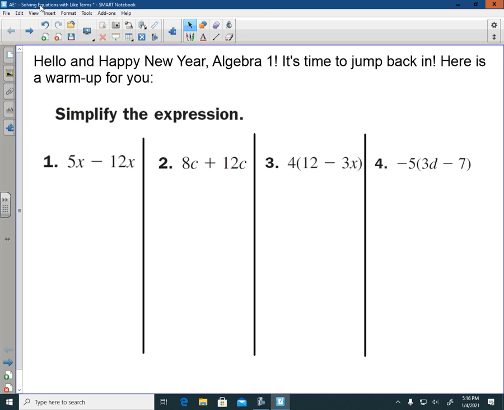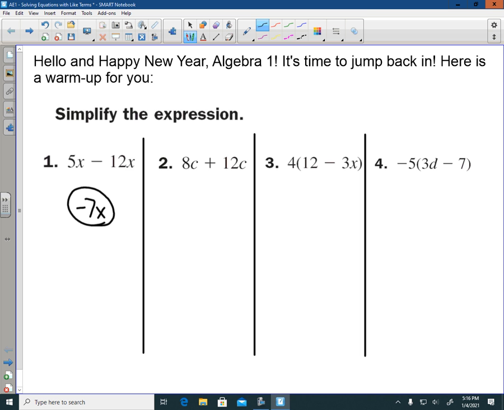Both of them just have an x in them, and so we can subtract them. So we take 5 x's and we subtract 12 x's, and we end up with negative 7x. And that's it. There's nothing more we can do. We've combined those like terms, we've simplified it, but we can't get an answer for x because there's no equal sign. There's nothing to do to get to that answer.